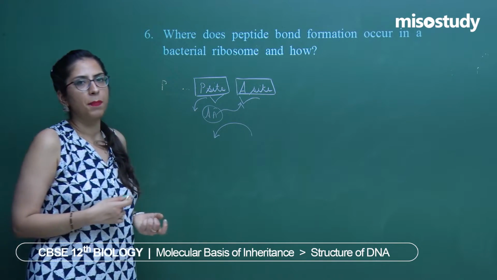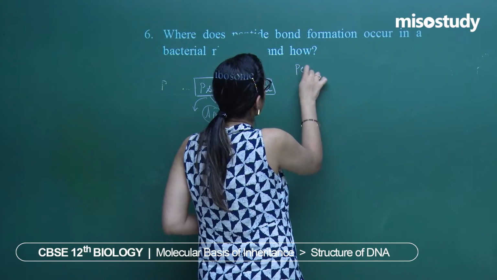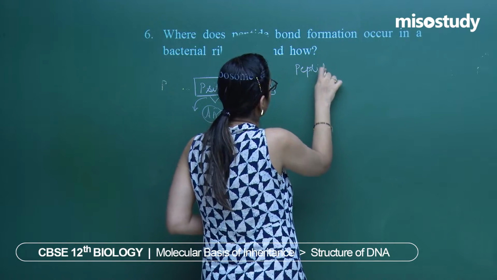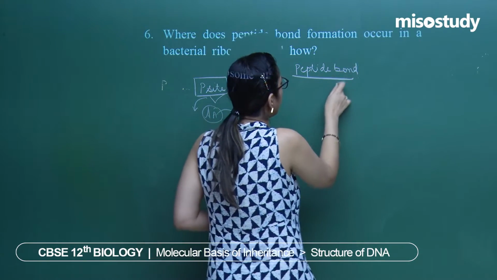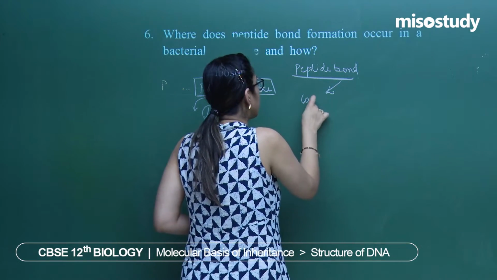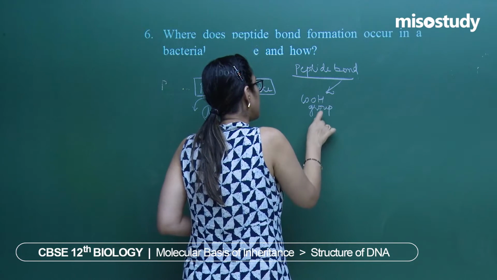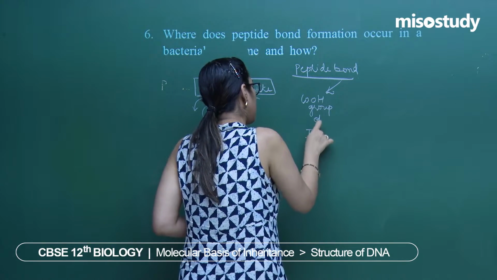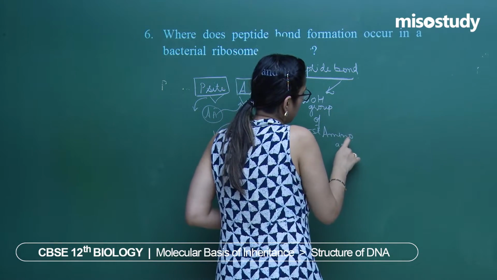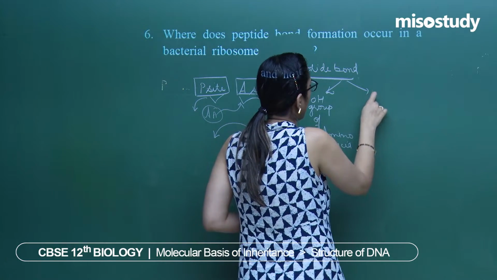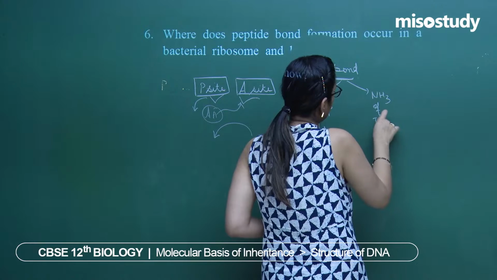What happens is that a peptide bond is formed between the COOH group of the first amino acid and the amino group of the second amino acid.